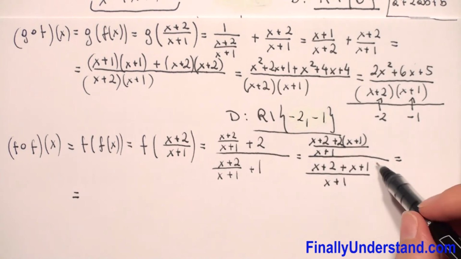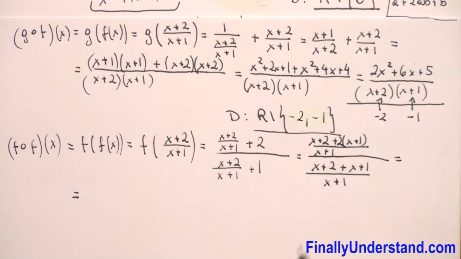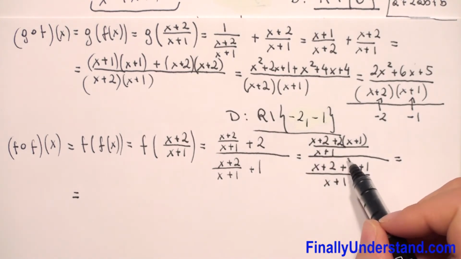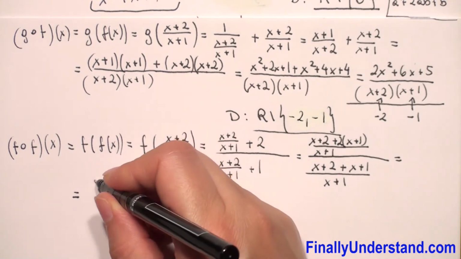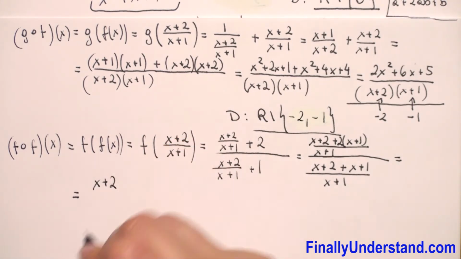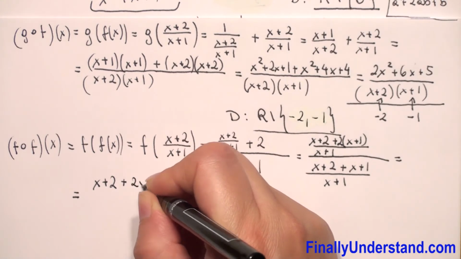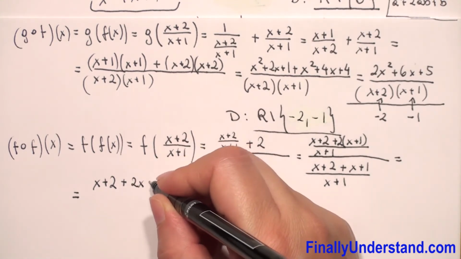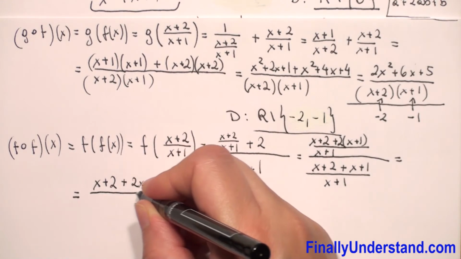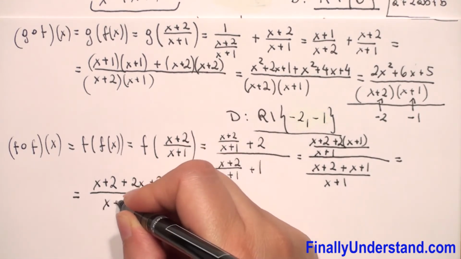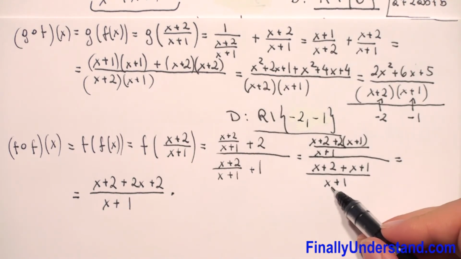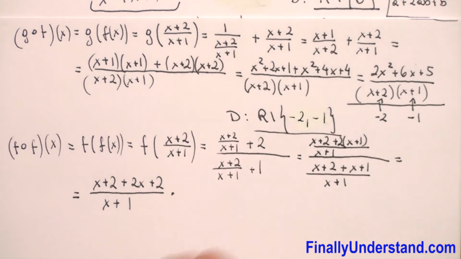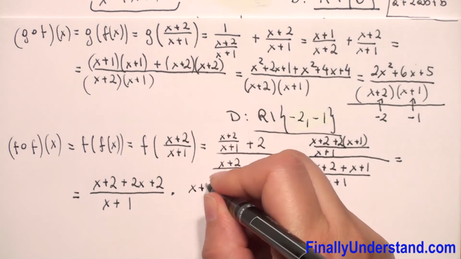We have division, so we have to flip this denominator, and the numerator we just copy, and we can do multiplication. So we will have x plus 2, we just copy, plus 2 times x is 2x, plus 2 times 1 is 2 over x plus 1 times, and like I said, we have to flip this expression. So in the numerator we have x plus 1.